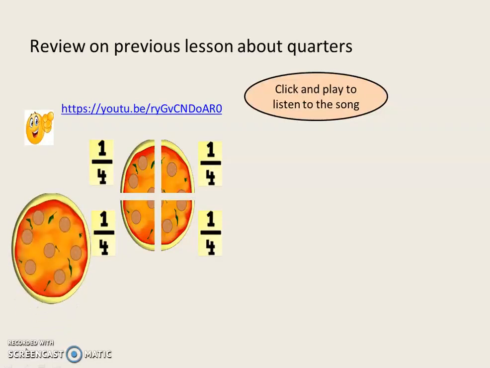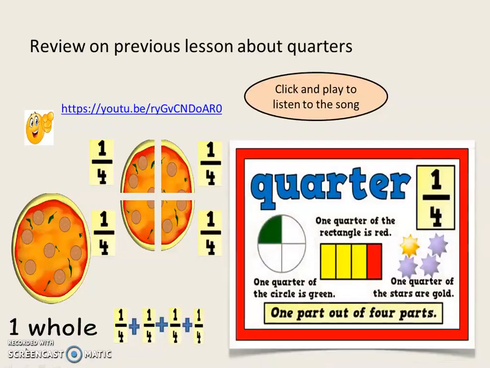So those 4 quarters are now equal to 1 whole. So we have 1 quarter or 1/4 plus 1 quarter or 1/4 plus 1 quarter or 1/4 plus 1 quarter or 1/4 is equal now to 1 whole.